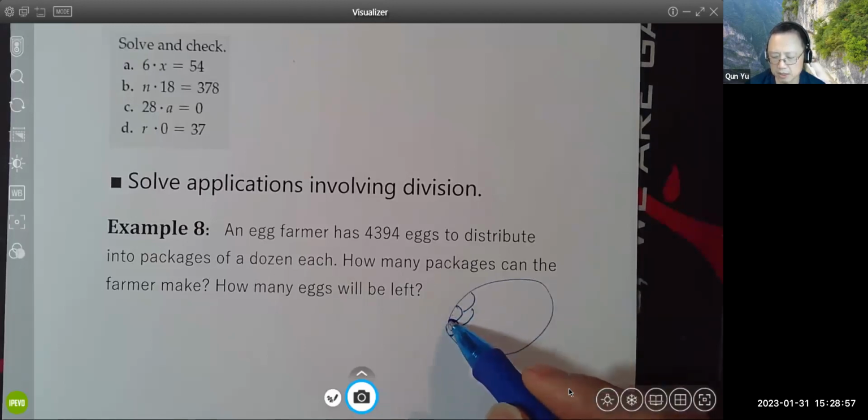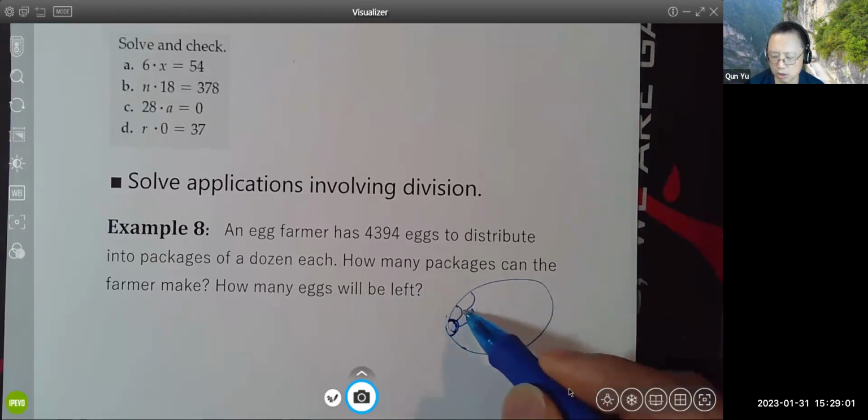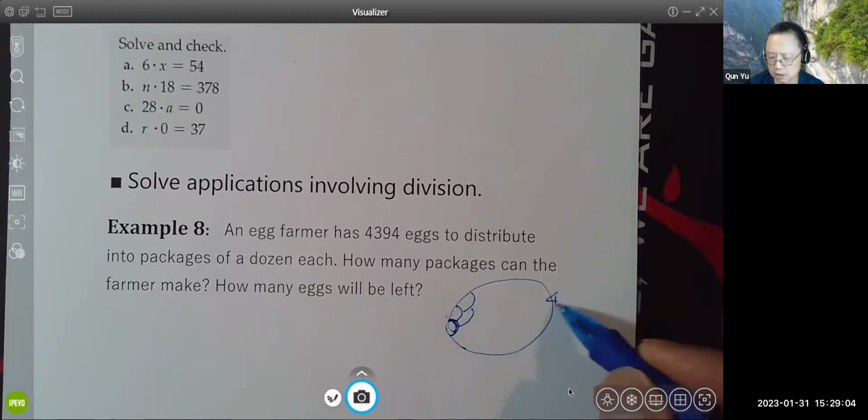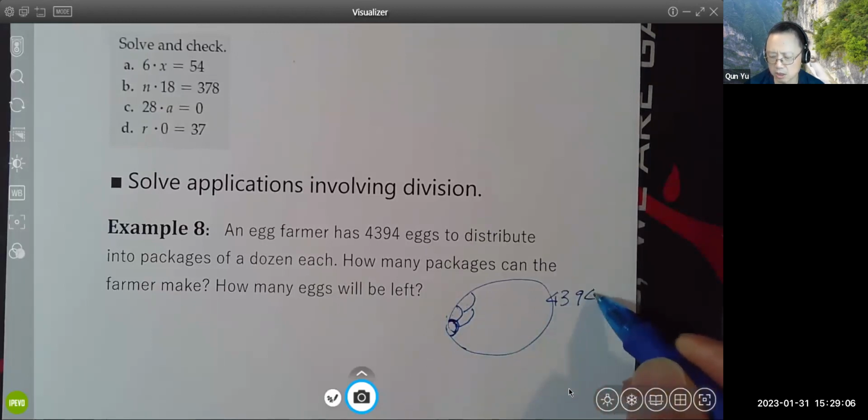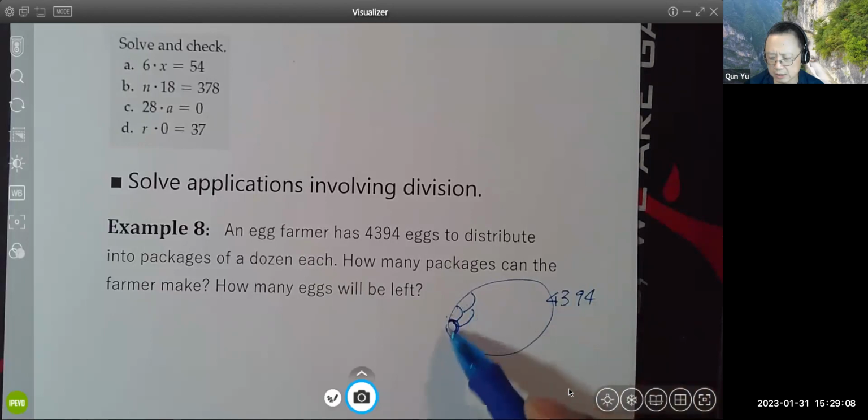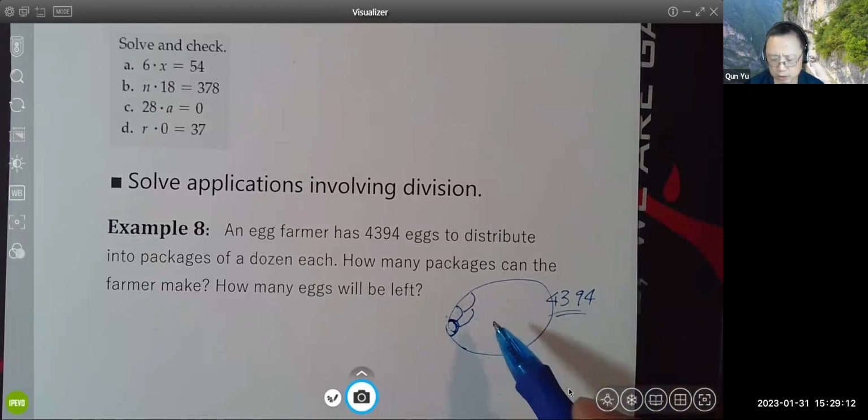If you have another 12 eggs, you have another package, another 12, another package. So this essentially becomes the question, how many 12s are in this whole thing? Because each 12 is equivalent to one package. It's just a matter of how many 12s are in this number.